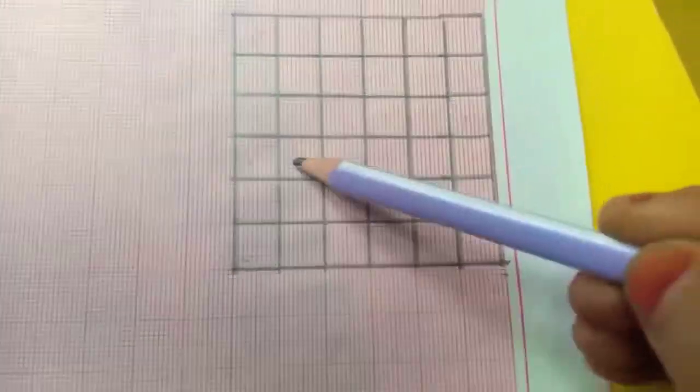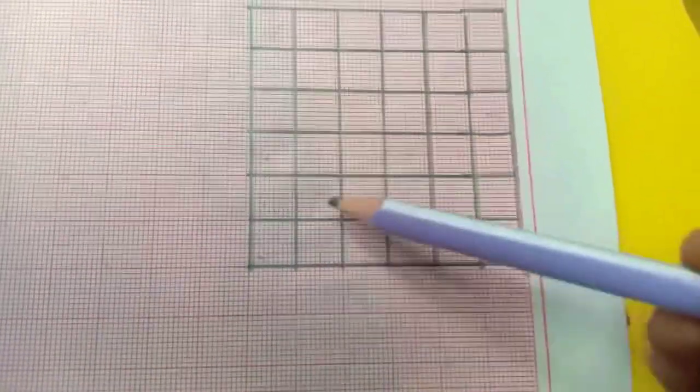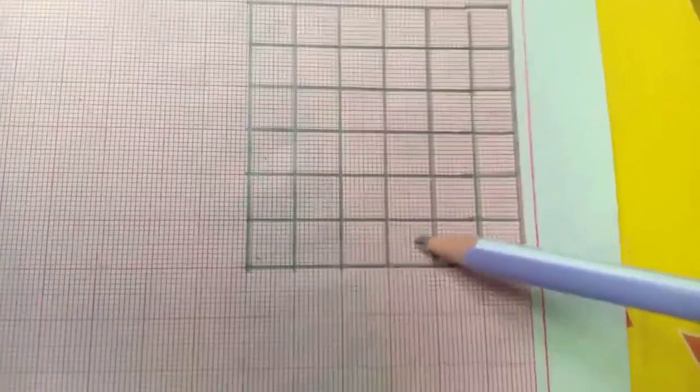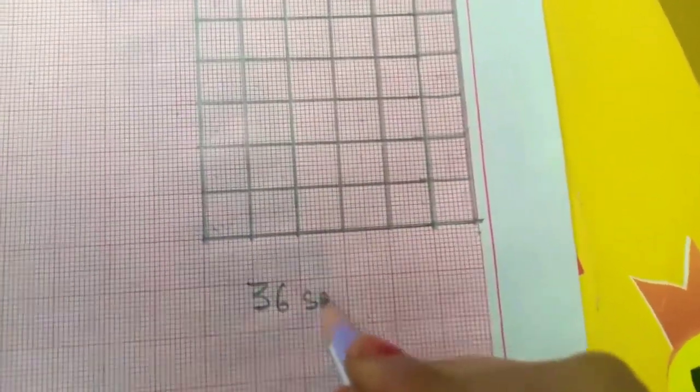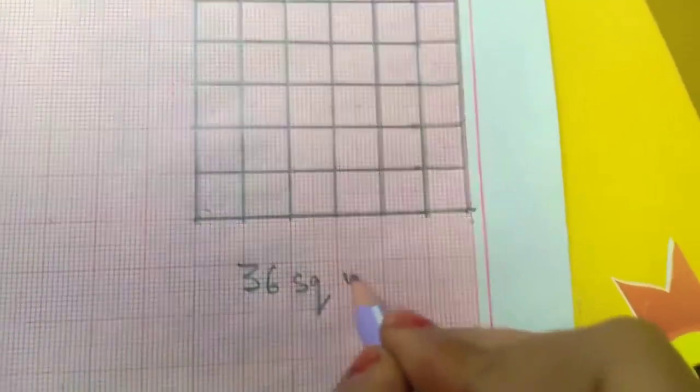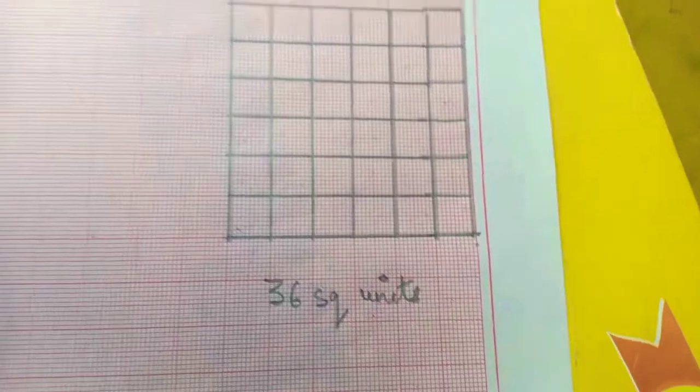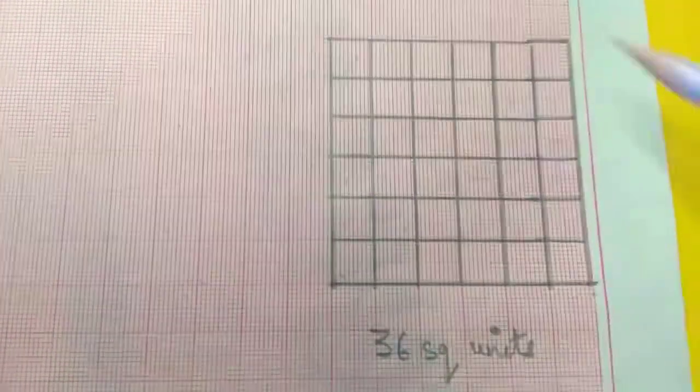18, 19, 20, 21, 22, 23, 24, 25, 26, 27, 28, 29, 30, 31, 32, 33, 34, 35, 36. So all together this is 36 squares. I am writing in short square units, because one square here is known as one unit. Okay. So like this we are able to find it.